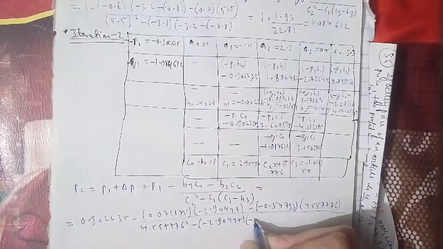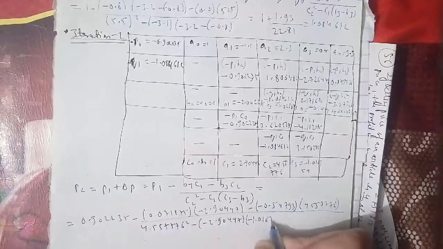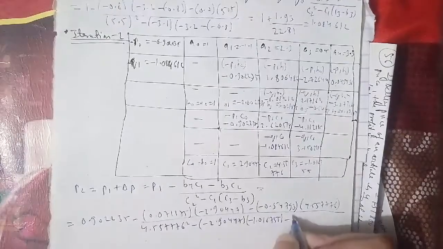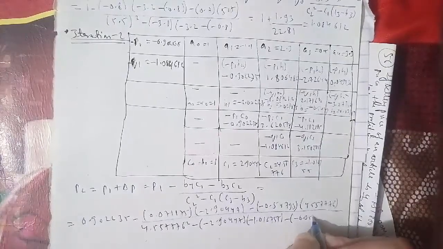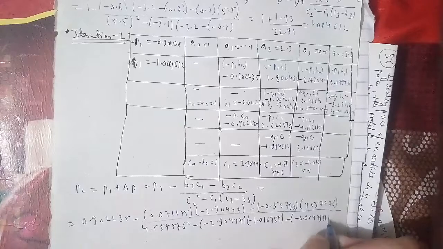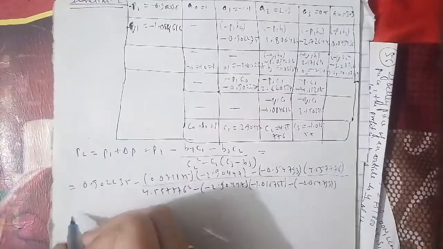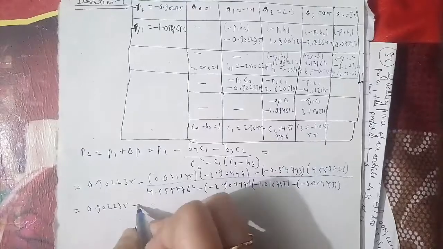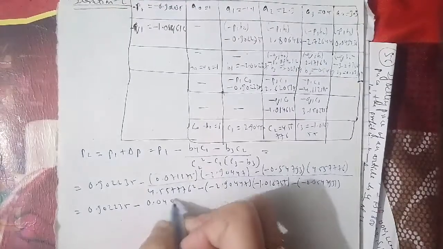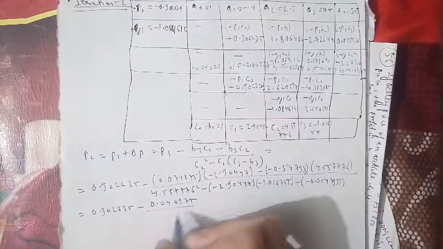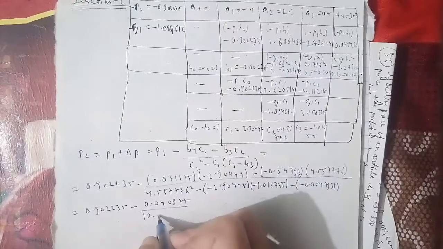Q2 is equal to Q1 plus delta Q, which is equal to Q1 plus minus B3 C3 minus B3 minus B4 C4 C2 upon C2 square minus C1 C3 minus B3.